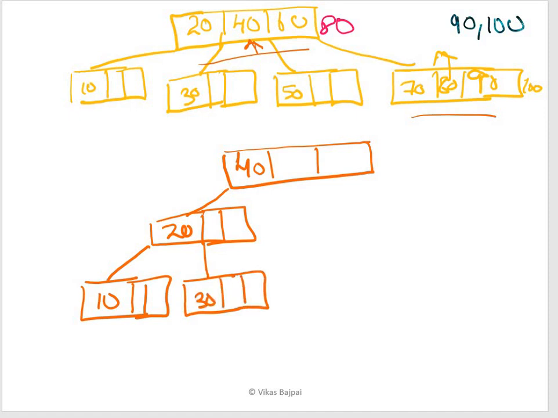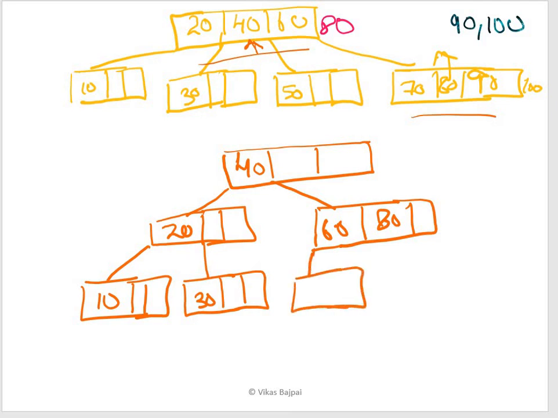Now, to the right of 40 what I have is 60, and 80 got accommodated. To the left of 60 I have 50, and now I need to add to the right of 60, which is, as it is, 70. 80 is already here.